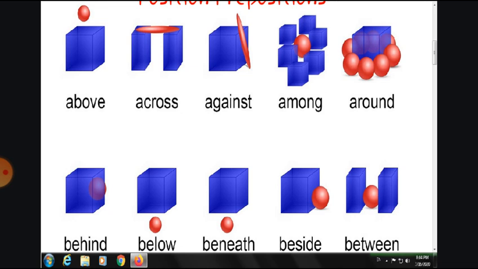For example, suppose that in your house there is a table and under that table one cat is sitting there, then you can say that the cat is sitting under the table. So this is the difference between below and under.